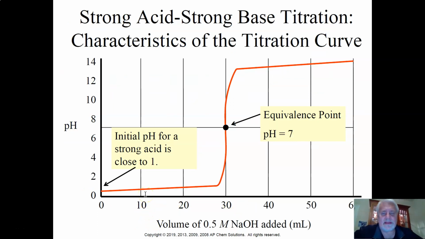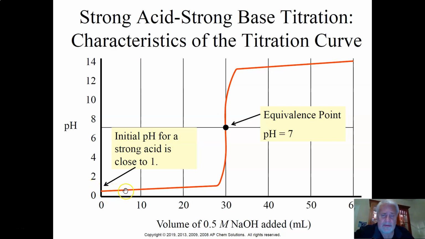So what does this look like as a graph? Your graph isn't going to be quite this clean, but it'll look somewhat like it. This would be the one where, of course, you started off with an acid in the bottom and you added the base. I think that was groups 1 and 3 for my third block.